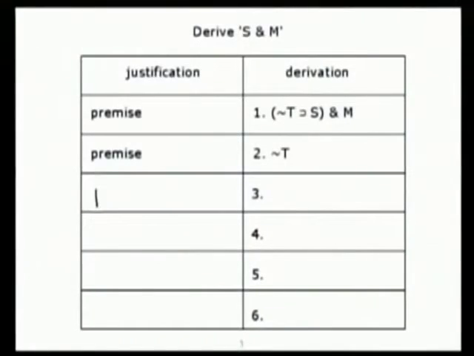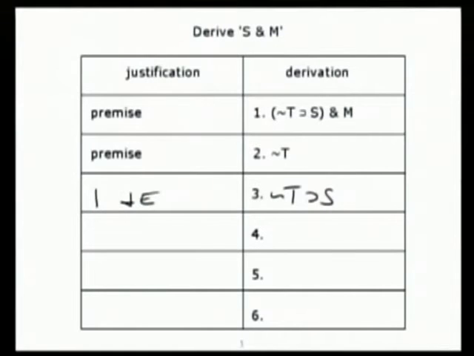I'll do one more demonstration, then I'll turn you loose on a couple of these things. Let's say what we're trying to derive is S and M, which is always useful to derive. I would start with 1 by ampersand elimination and bring this down.